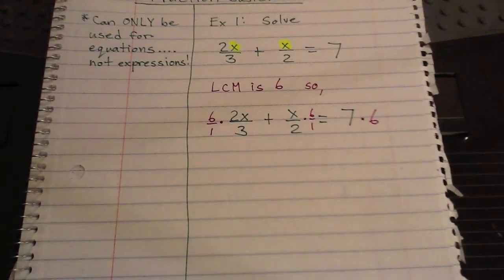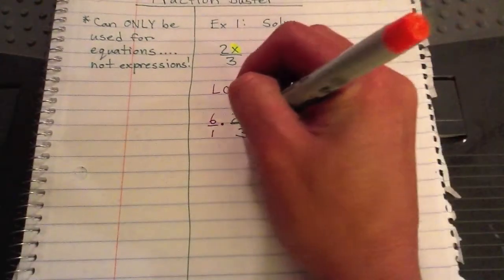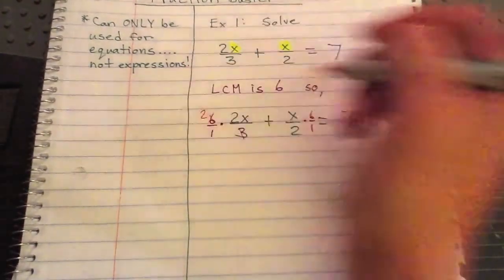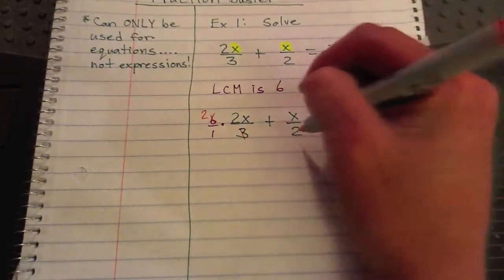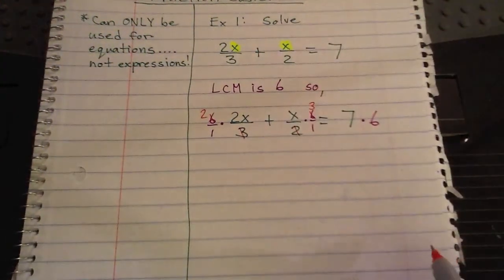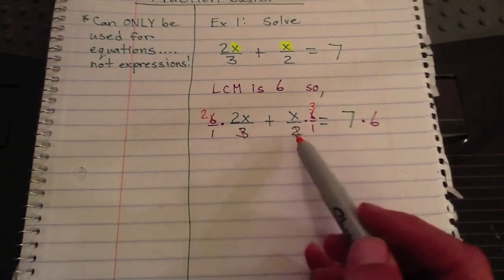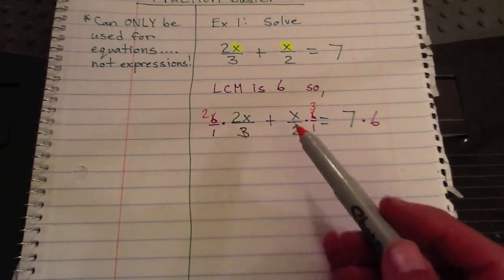Now, if you use your rule for cross-canceling when you're multiplying, 3 goes into 3 once, 3 goes into 6 twice. 2 goes into 2 once, 2 goes into 6 3 times. Now you're just going to simplify. I have 1's across the bottom of my fractions. That was the whole goal there.